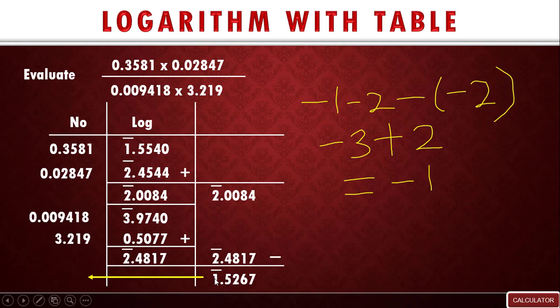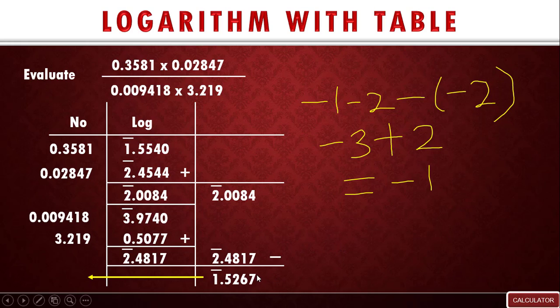If your characteristic is positive, that means you're counting your decimal places to the right hand side. But if it is negative, as in bar like this as you saw here, that means you're counting your decimal places to the left hand side. Okay, so without wasting much time, let's try to do that.